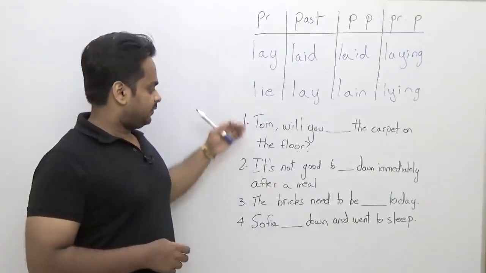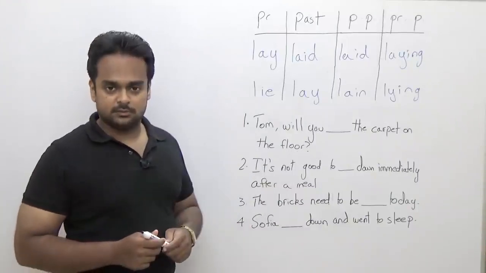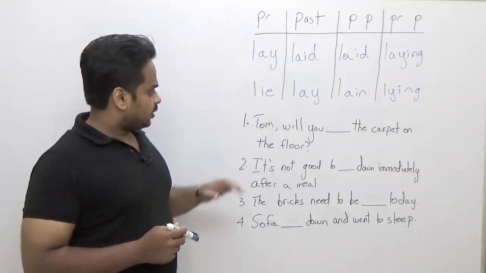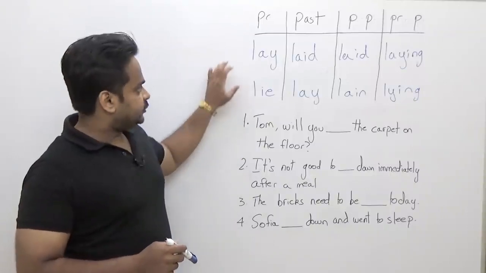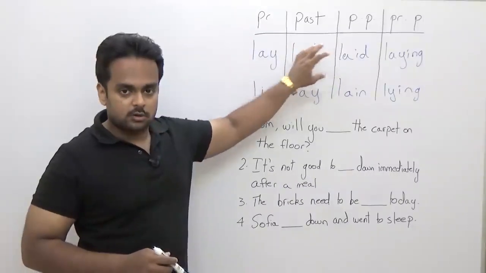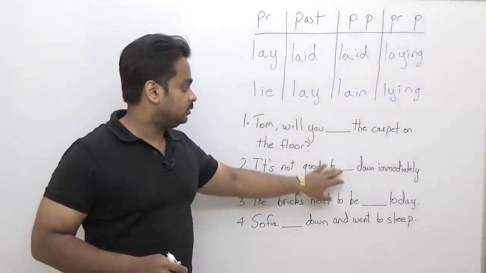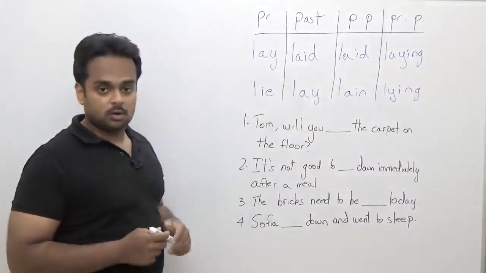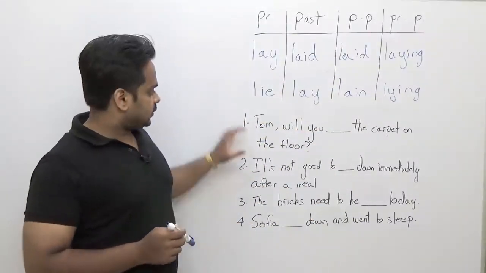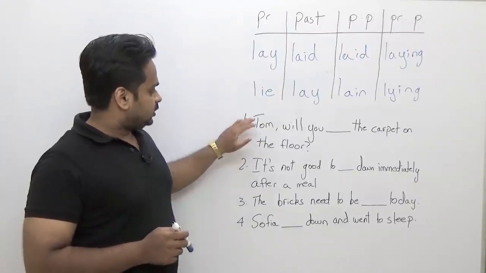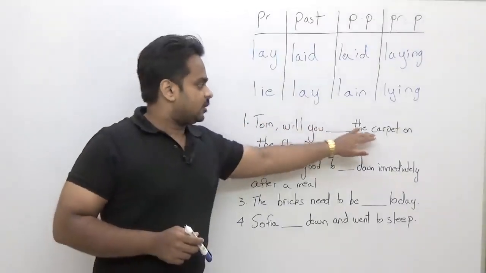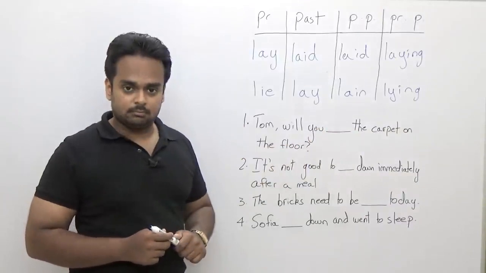All right, here I've got some practice sentences for you. And your job for each of these sentences is to take the correct word from the table and put it in the blank. Okay, and we've got 4 sentences. Let's look at the first one. Tom, will you the carpet on the floor?